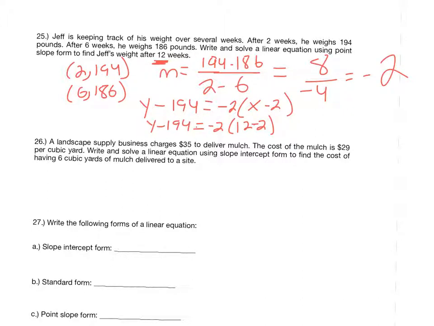Well, 12 minus 2 is 10, and 10 times -2 is -20. So that would be y minus 194, I'm sorry, equals -20. And then we add 194 on both sides of our equation, and we get our answer, which is y equals 174 pounds. He would be 174 pounds after 12 weeks.